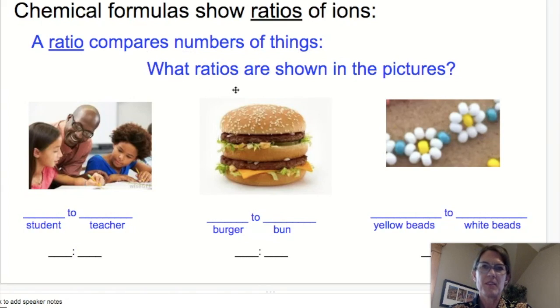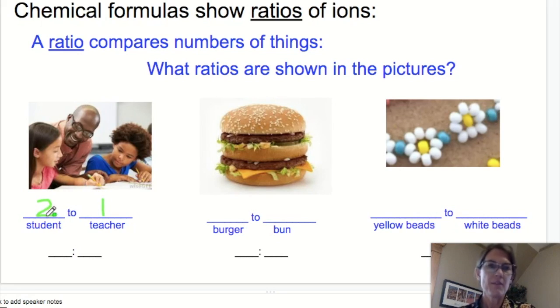And let's just think about these easy ones. What ratios are shown in the pictures? Oftentimes we talk about, when you're looking for colleges or schools, what is the ratio of students to teachers? In this picture, we see 2 students, it looks like, and 1 teacher.